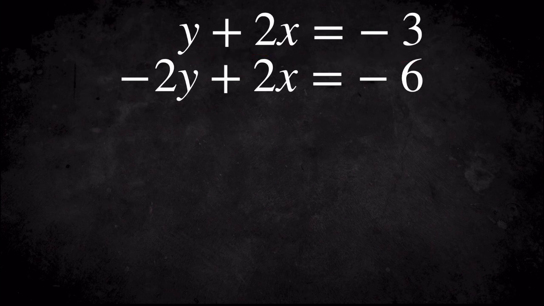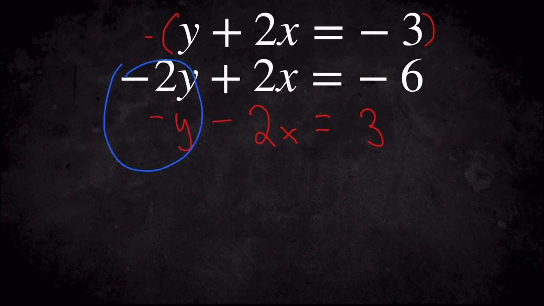So to make this not true, we're going to multiply one of the equations by negative 1. I'm going to do it to the top equation. So this would become negative y minus 2x, which would equal 3. Now we can add the top and bottom equations together.